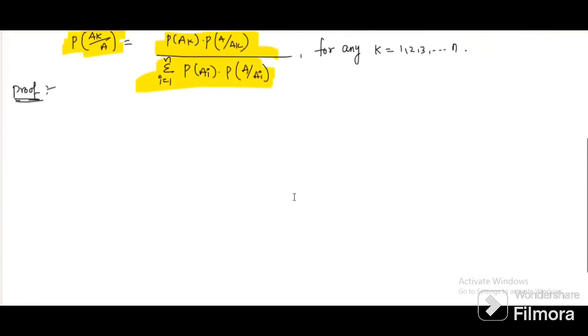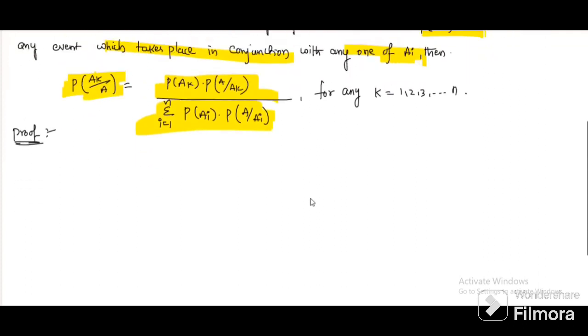So let's see how we can find this. P of A, we know from the total probability, is the summation of I equal to 1 to N of P of AI into P of A by AI.